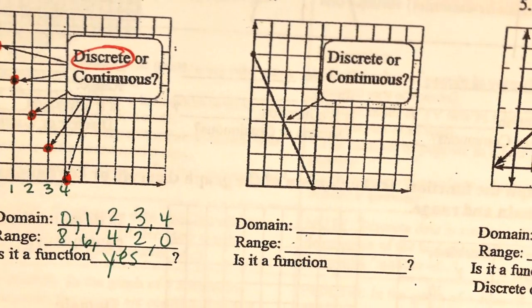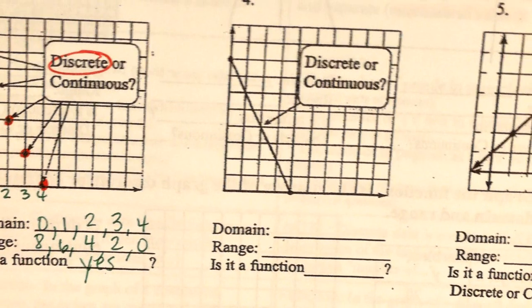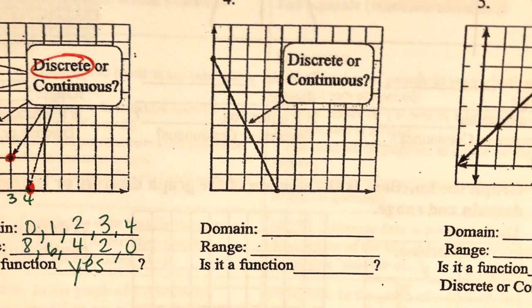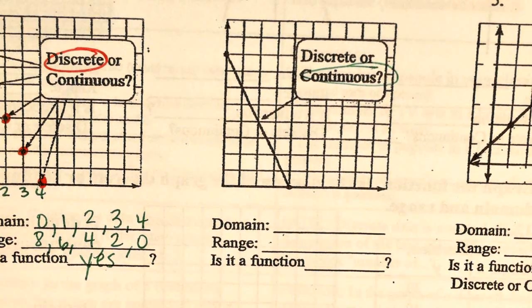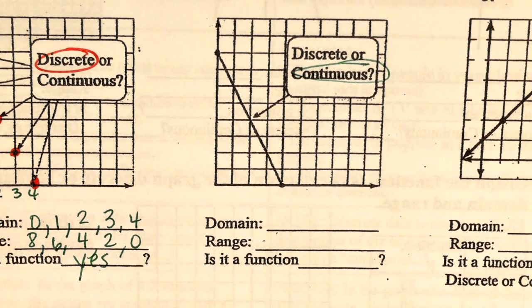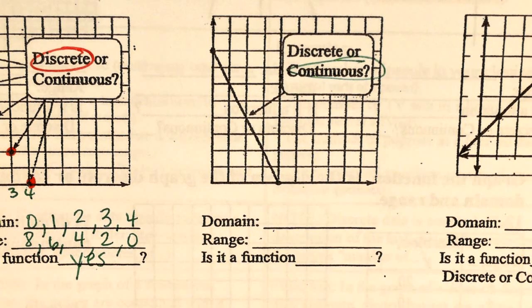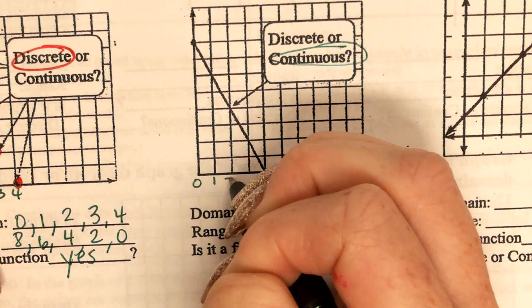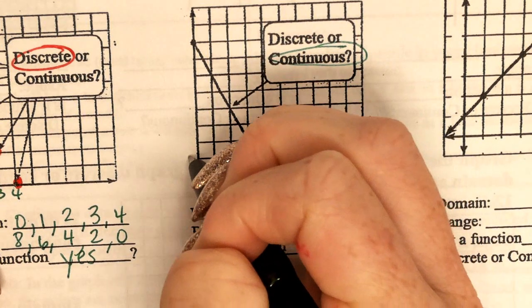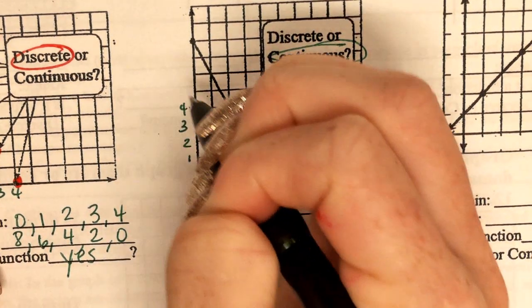All right, let's look at this next one. Is this continuous or discrete? Continuous, because it is not just individual dots. It's connected. Okay, let's go label. This would be 0, 1, 2, 3, 4. And label your range just so you can see.